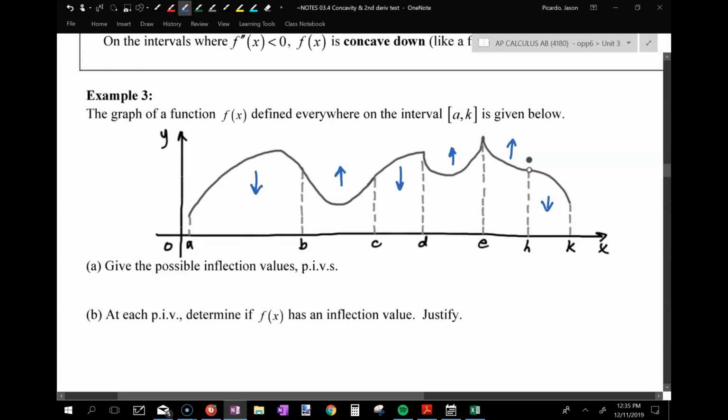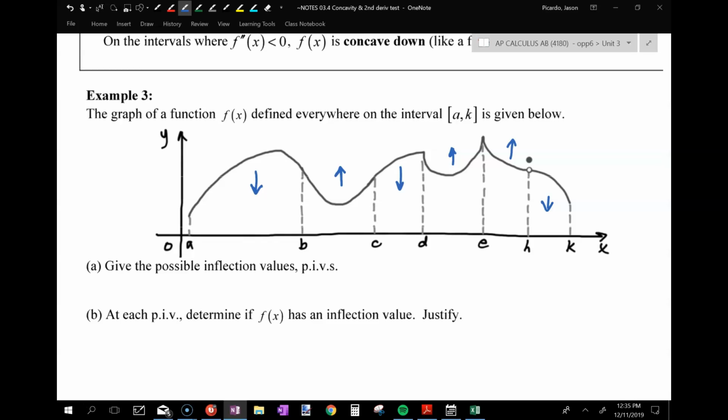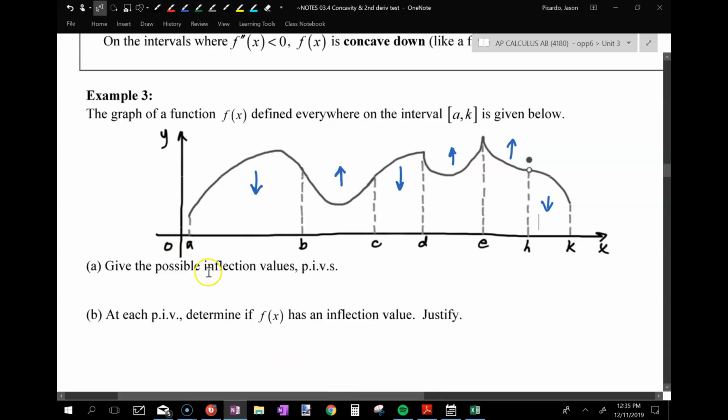So what do you think are the potential inflection values? Now remember, potential inflection values are places on the graph where I think concavity changed, places on the graph where derivatives don't exist, places on the graph where I have discontinuities. So, by the way, endpoints aren't going to play in our reindeer games the same way that they didn't with maxes and mins, okay? So, is B a potential?